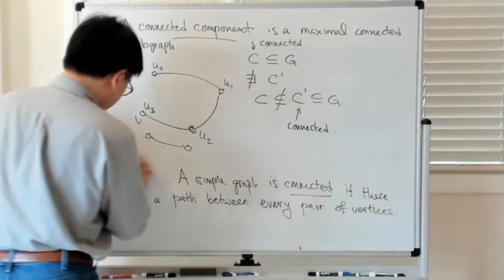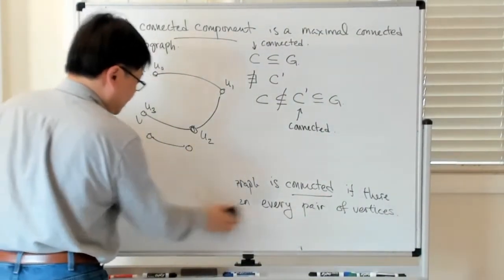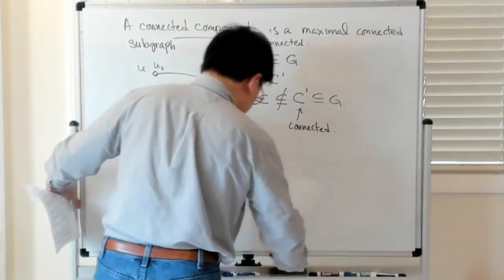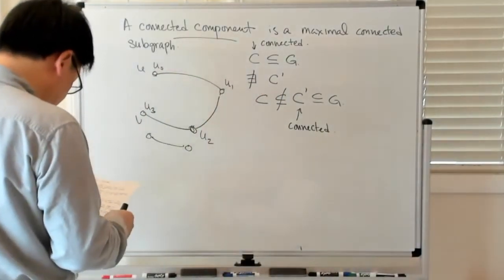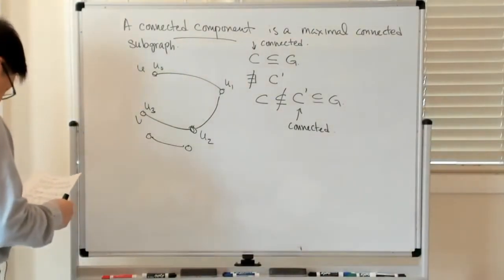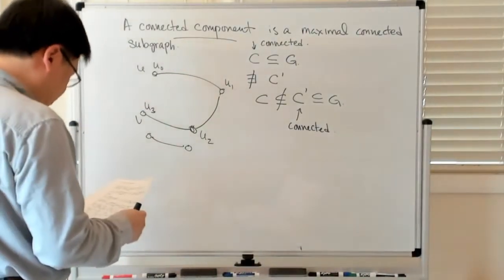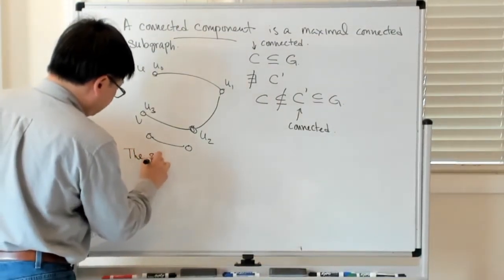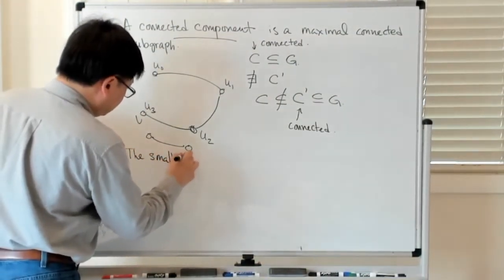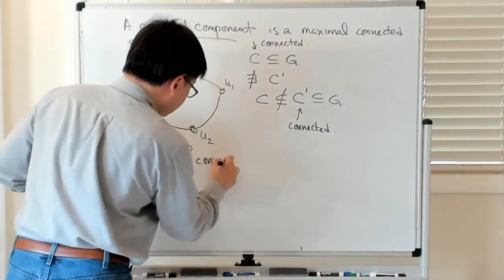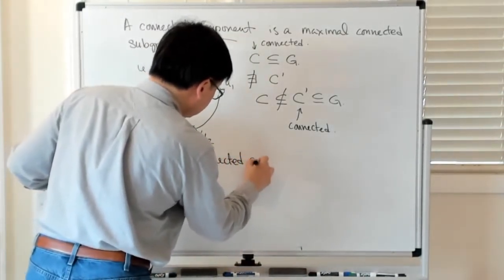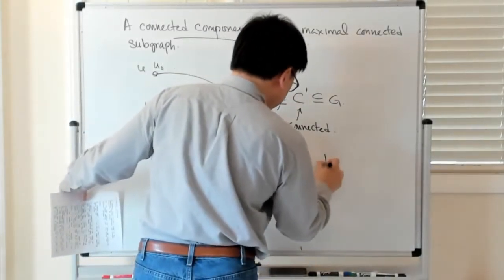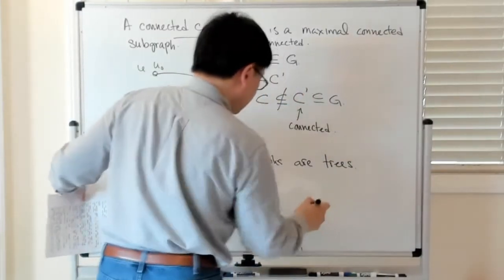With that, we can talk about the idea of the smallest connected graphs, if you will. The smallest connected graphs are what are known as trees.